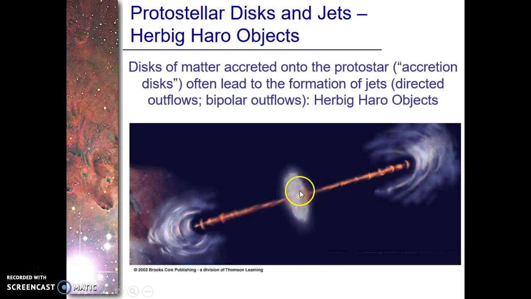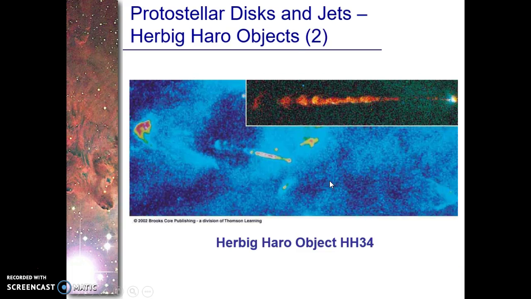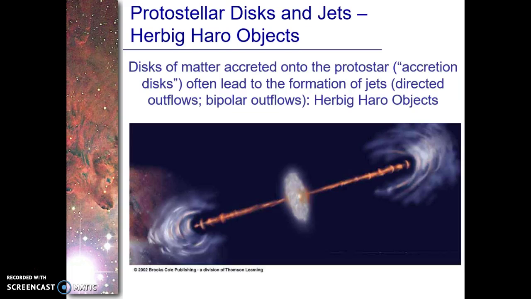It comes out from the part that's not flattened. This makes what we call a Herbig-Haro object. Herbig-Haro objects are places where the brightness is variable, and they form when the jets strike the interstellar medium.